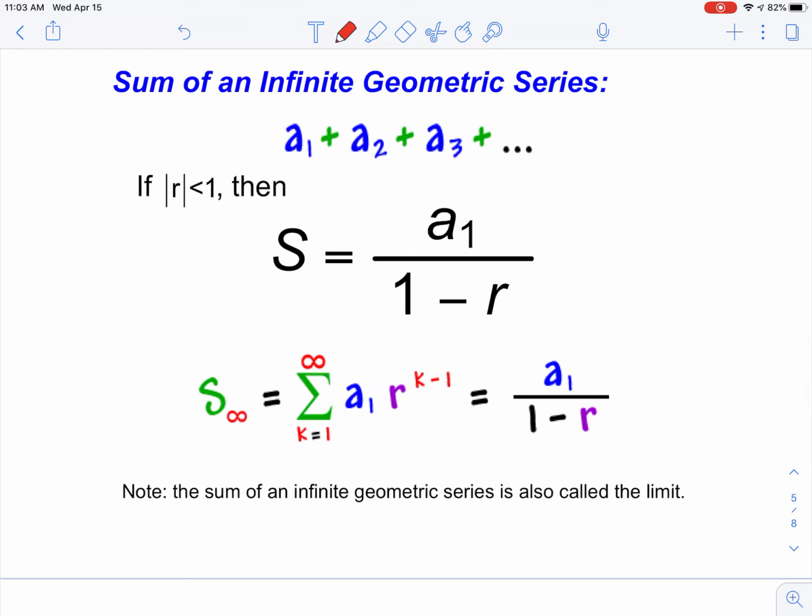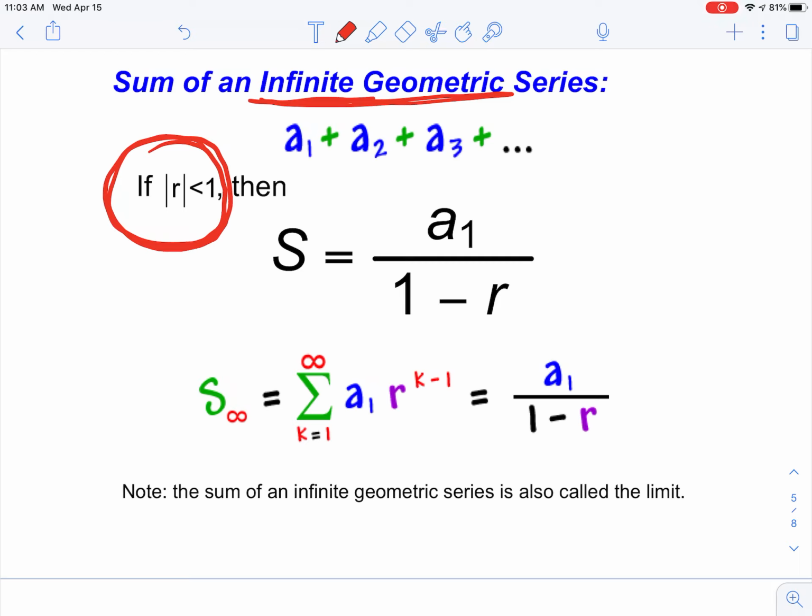All right, well, here comes our last formula of the year. Woohoo, write this down if you need to. Pause the video so you can write it down on your formula sheet. Okay, so you can only find the sum of an infinite geometric series if the absolute value of your ratio is less than 1.